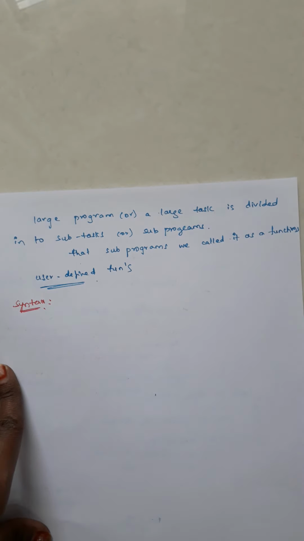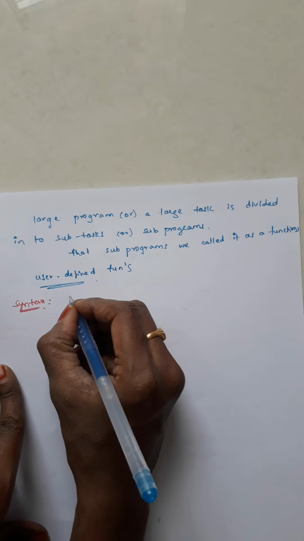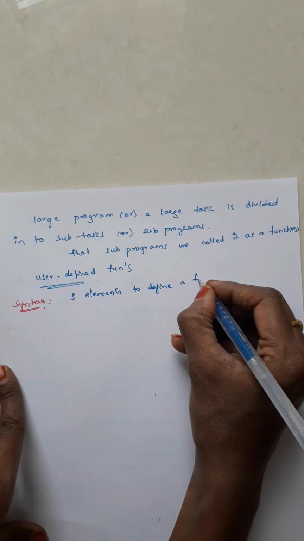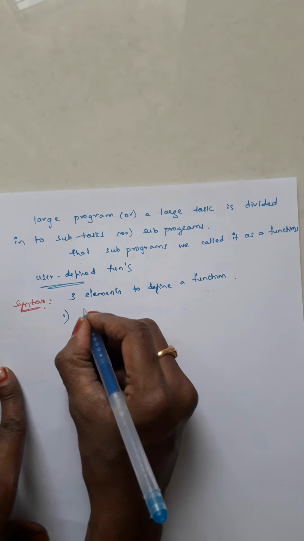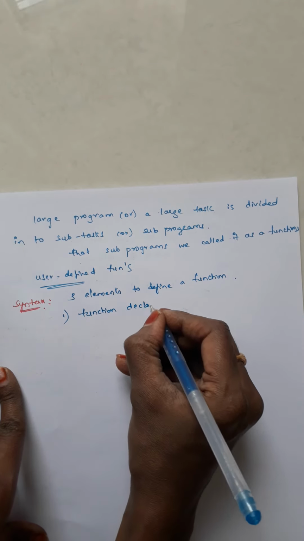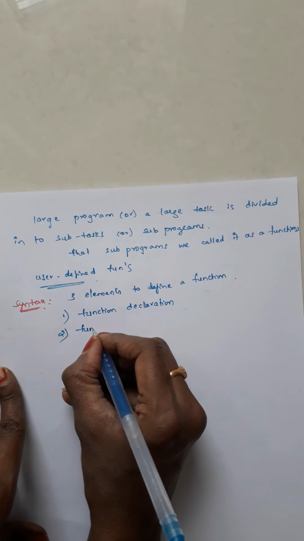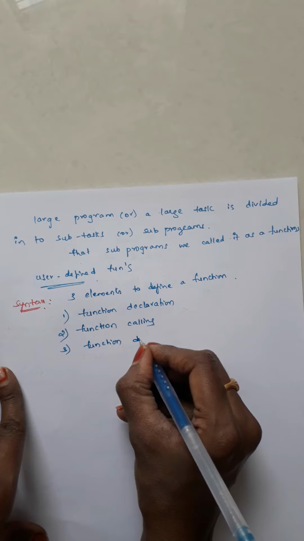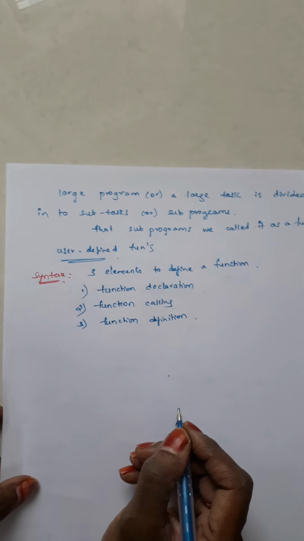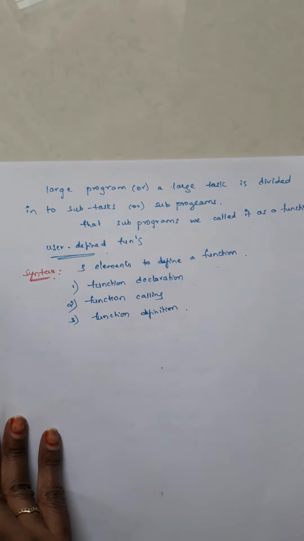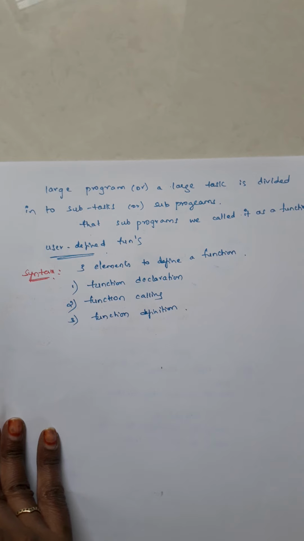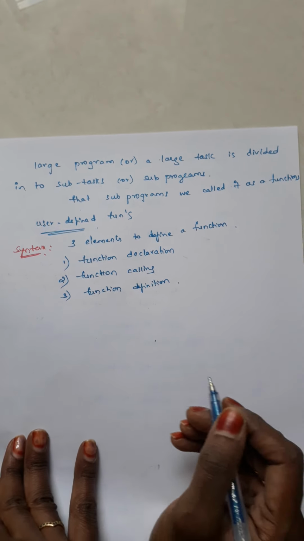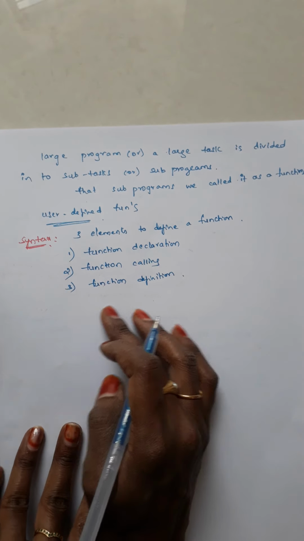To define a function there are three elements: function declaration, function calling, and function definition.